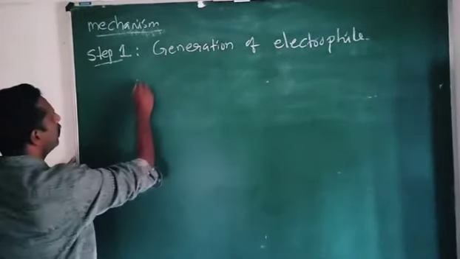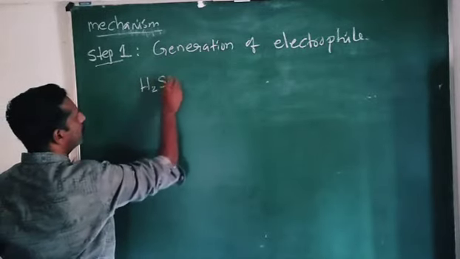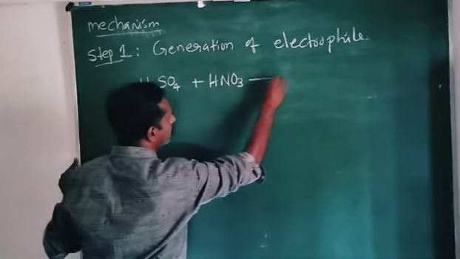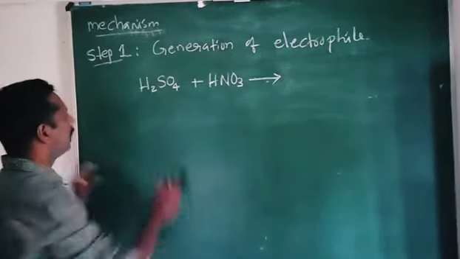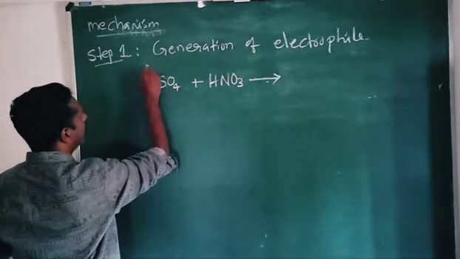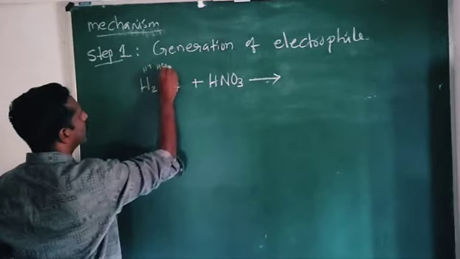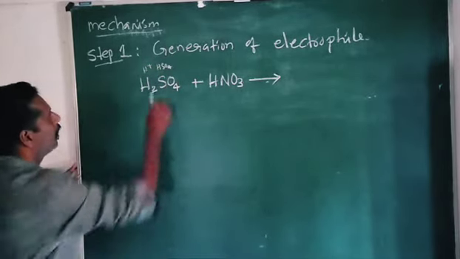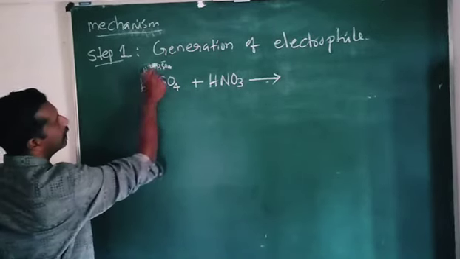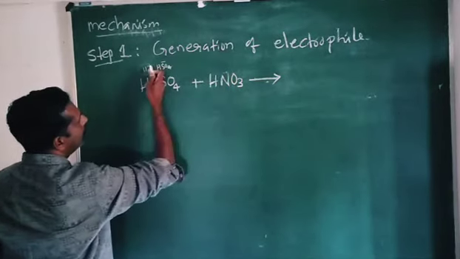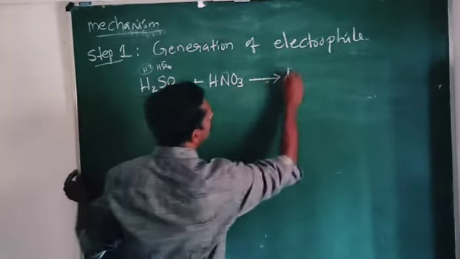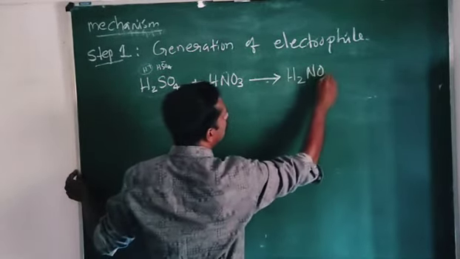Look at here. Nitrating mixture is H2SO4 and HNO3. These two will react together. H2SO4 is a stronger acid and it will dissociate into H plus and HSO4 minus. This H plus will be taken by HNO3. So it will change into H2NO3 plus.